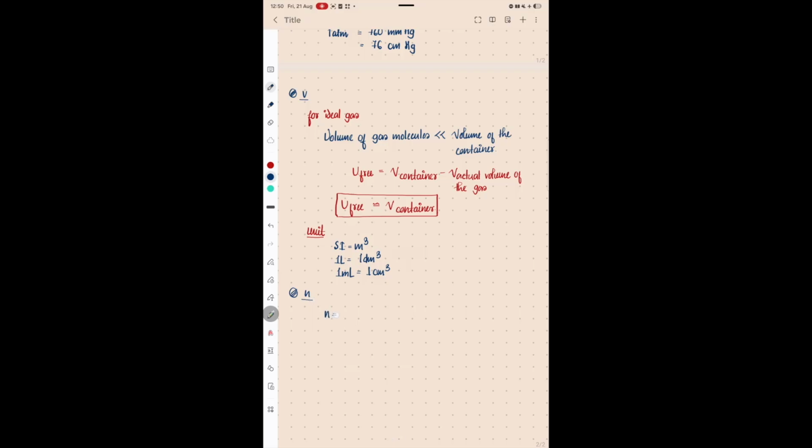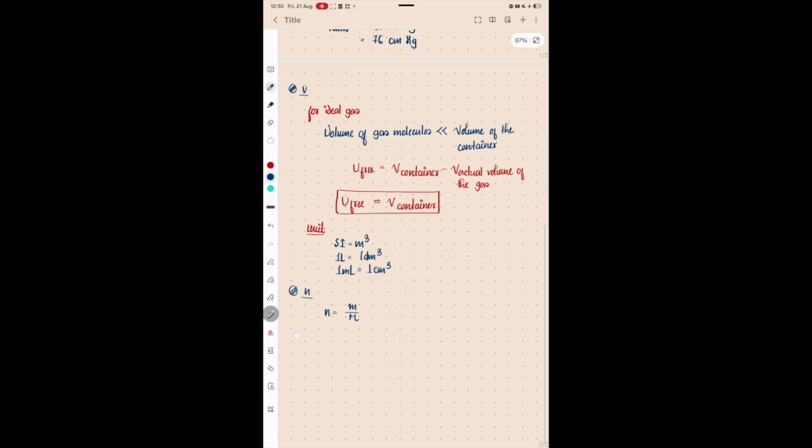How is n defined? n is equal to the mass of the gas divided by the molar mass. And for temperature, the unit is Kelvin.